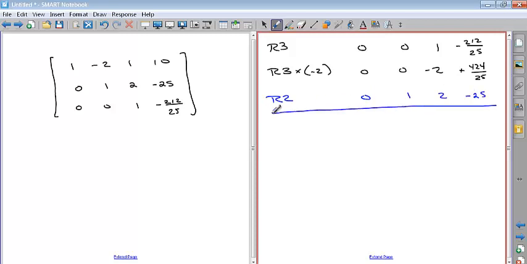And then we're going to add those two. So we're going to take row 2 plus row 3 times -2, which are just these two rows. So you add 0 plus 0 is 0, 0 plus 1 is 1, -2 plus 2 is 0, and you add these two together.